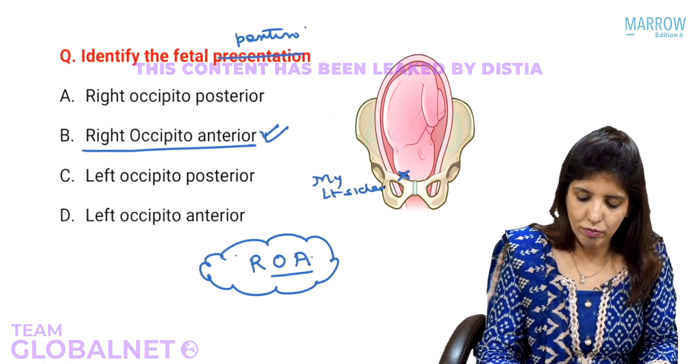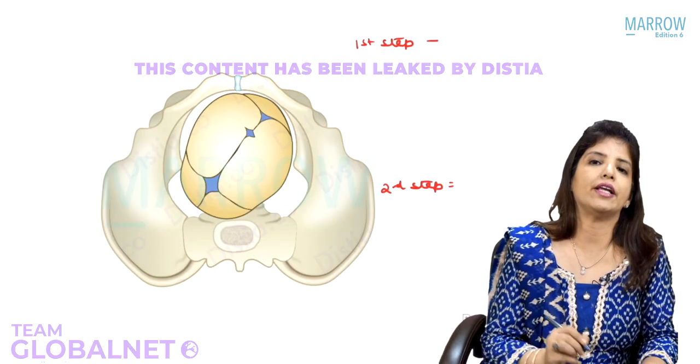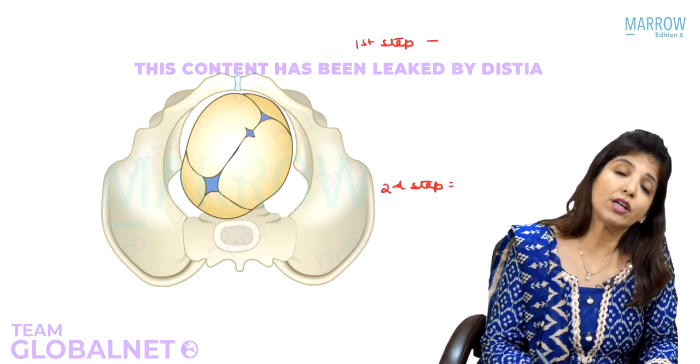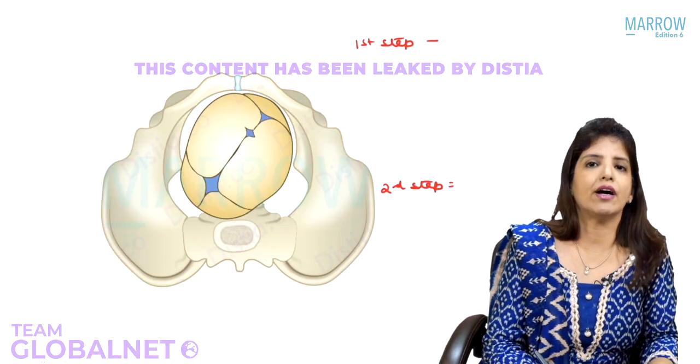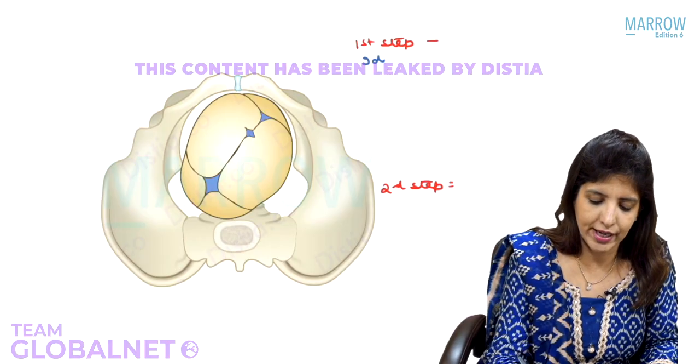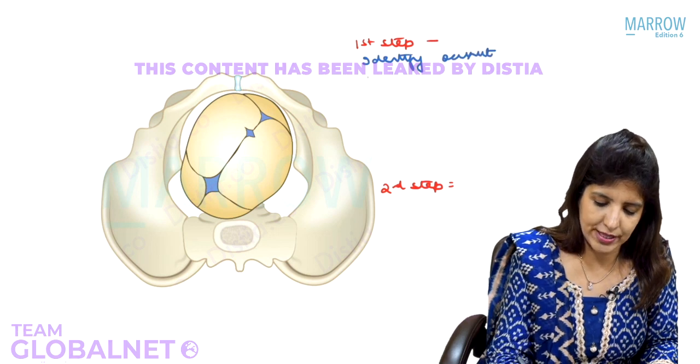Now, in order to make it a little difficult, they may give you an image like this. Again, when they are giving you an image like this, the first thing is you have to identify where the occiput is facing.